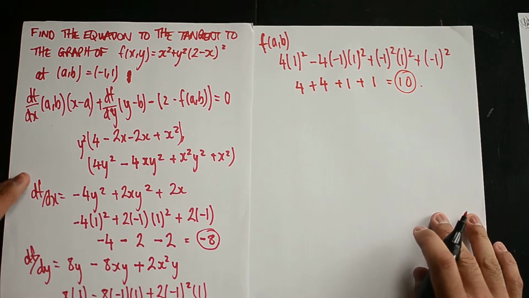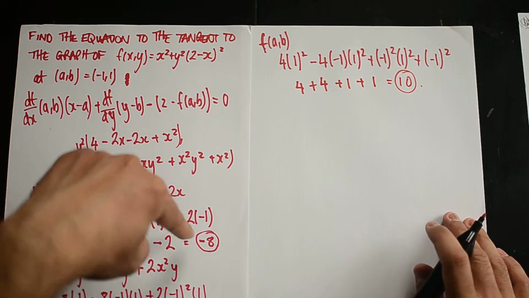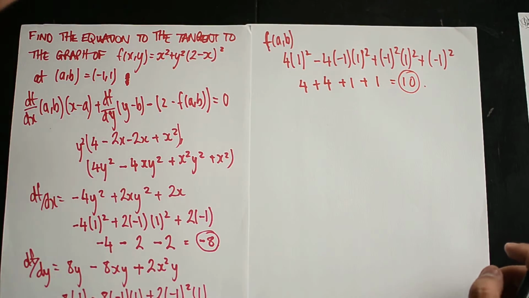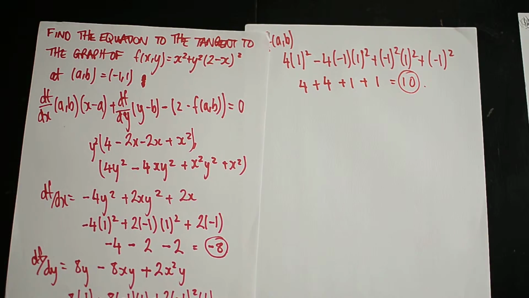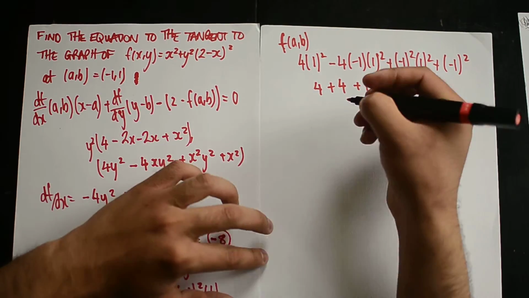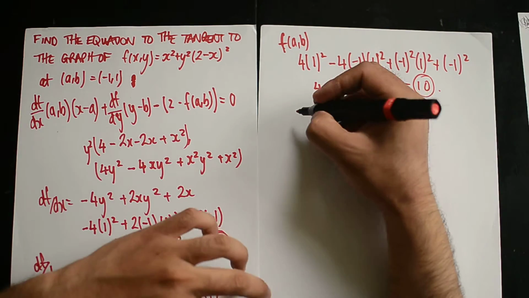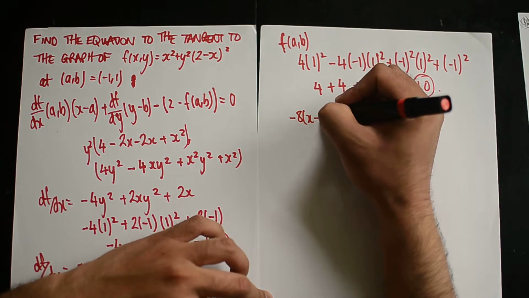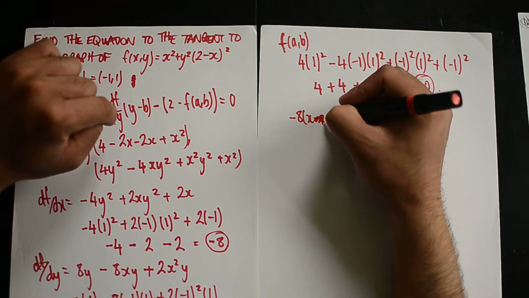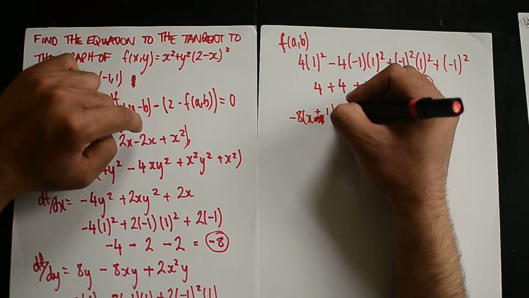Now we have done df/dx plugged in (a,b), df/dy plugged in (a,b), f(a,b) plugged in. So now we've got our 3 parts. Let's start plugging them into this equation. So we get df/dx at (a,b) is minus 8, times x minus a, which is minus 1, so x minus 1 is plus 1.